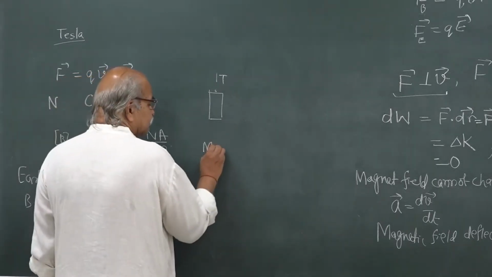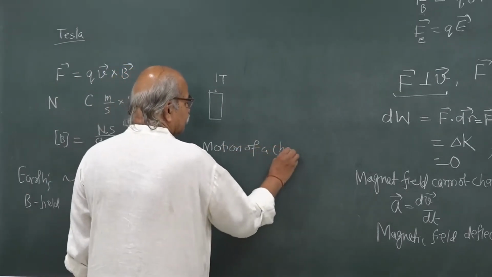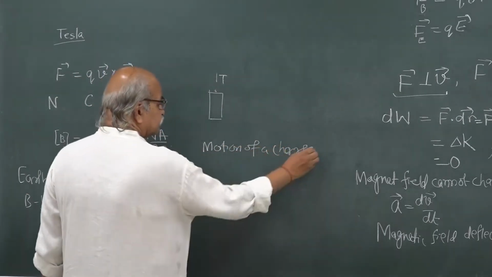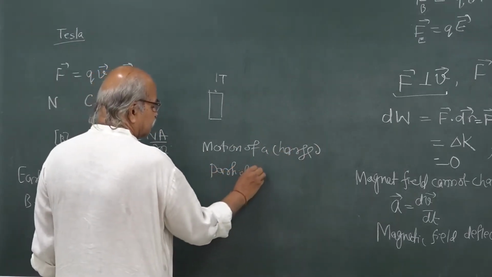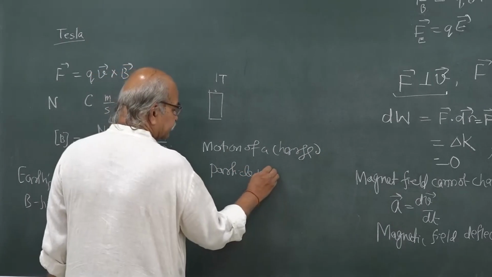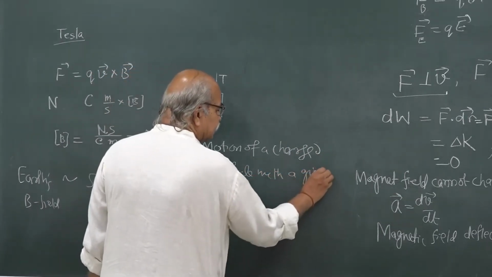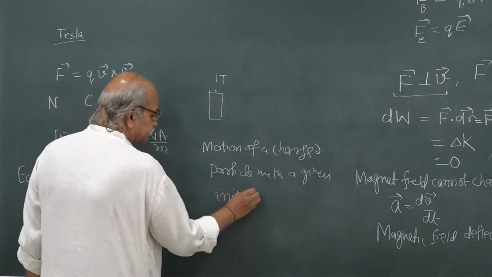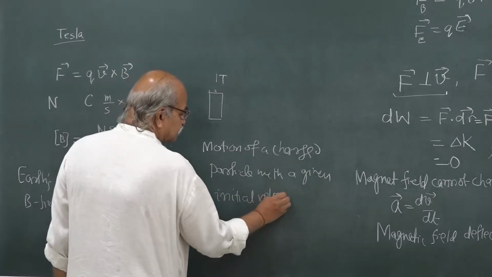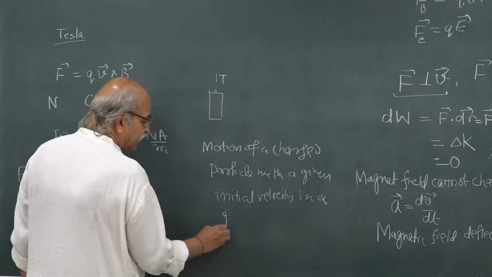So, motion of a charged particle with a given initial velocity in a given magnetic field.